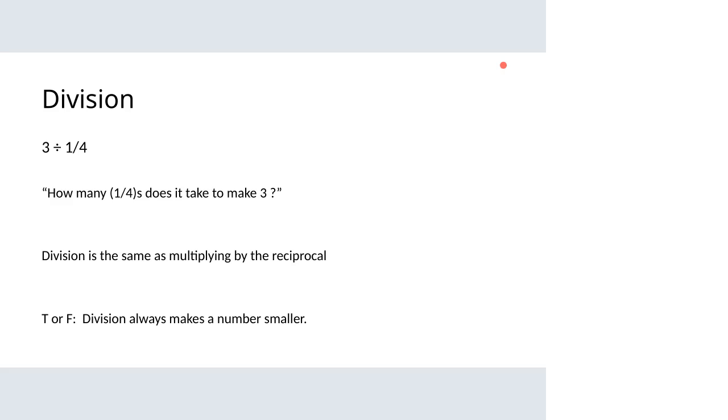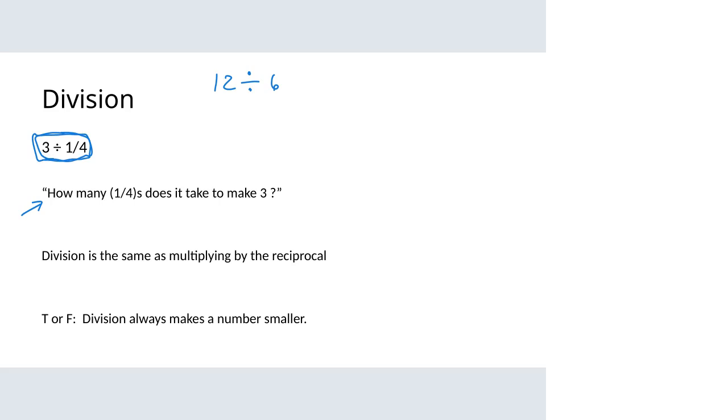Let's look at this a few different ways. The first thing here, the question is, how many 1/4 does it take to make 3? That's what this question is, in the same way that this is, how many 6s does it take to make 12? This question is, how many 1/4 does it take to make 3?